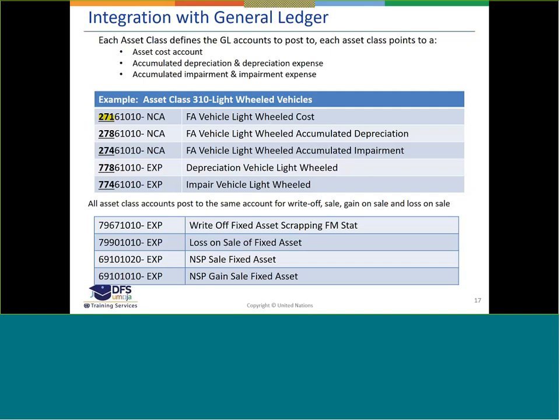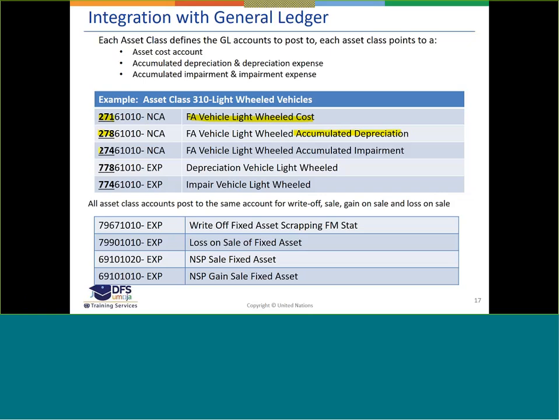So if we are acquiring, for example, an asset that is a light vehicle, a vehicle light wheeled, based on that, the system determines a GL starting with 271 that will have the acquisition cost of the vehicle. A GL that is 278 will track the accumulated depreciation. So debit will go here to the 271 when we are acquiring the asset. Credit will go to 278 for the depreciation.